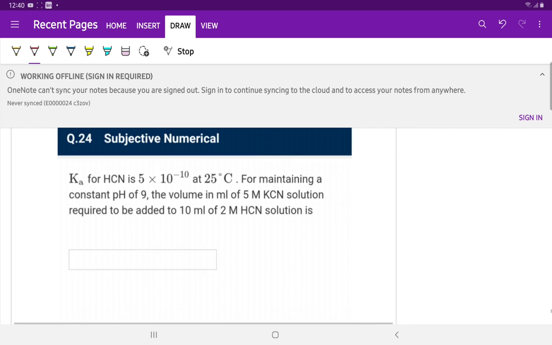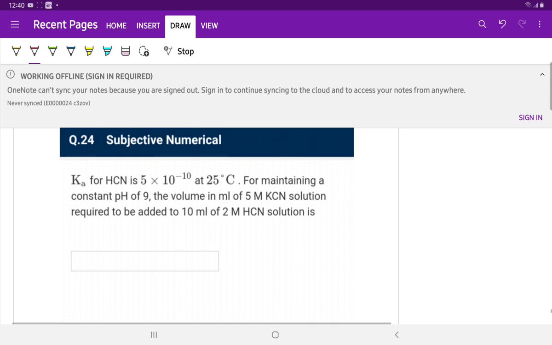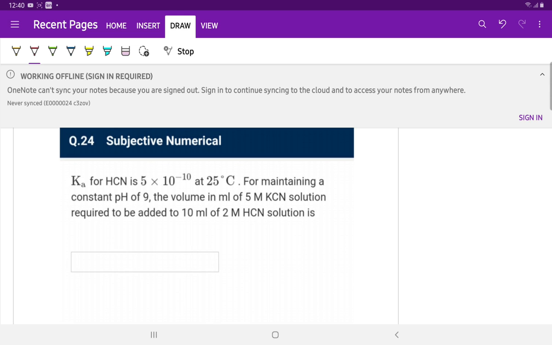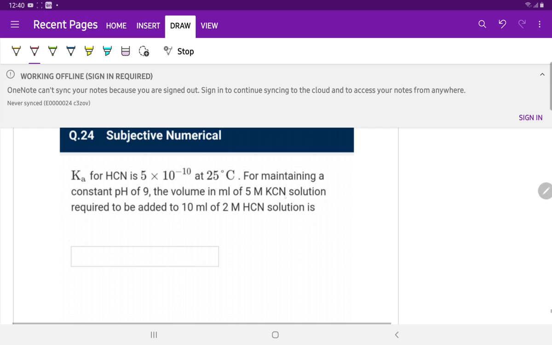We'll move to question number 24. Ka for HCN at 25 degrees Celsius; for maintaining a constant pH of 9, what volume in ml of 5 molarity KCN solution is required to be added to 10 ml of 2 molarity HCN solution? Suppose the volume of KCN added is x ml. Total volume of solution after mixing is 10 plus x ml.